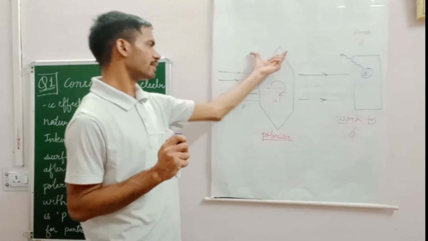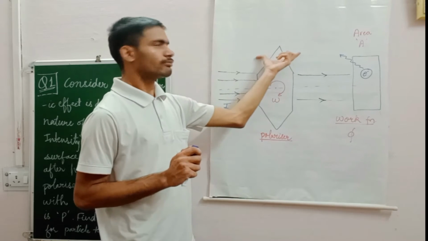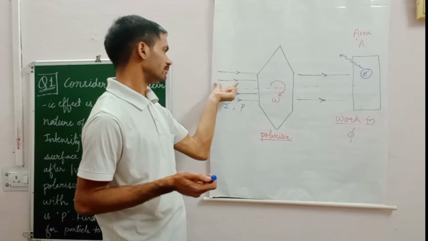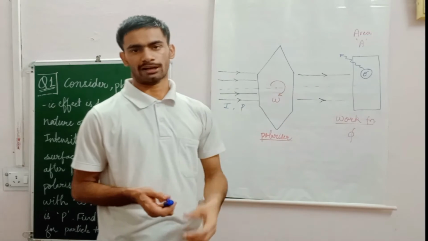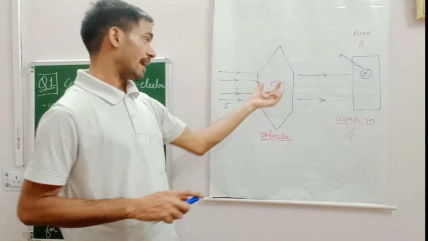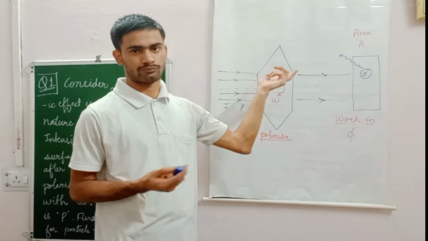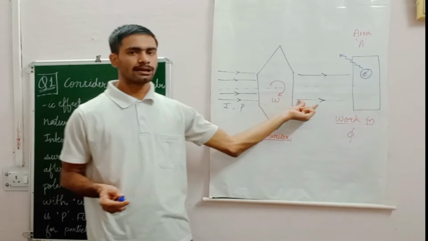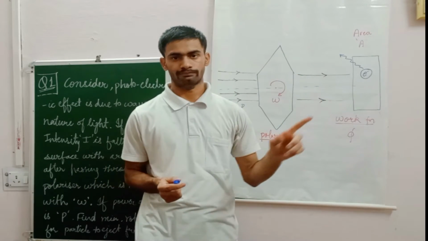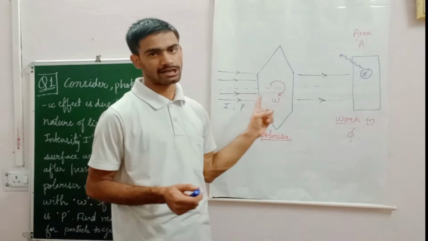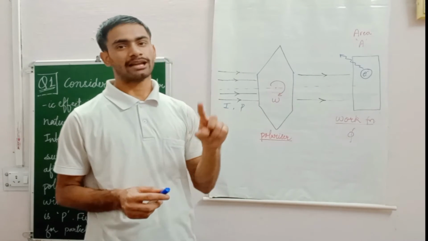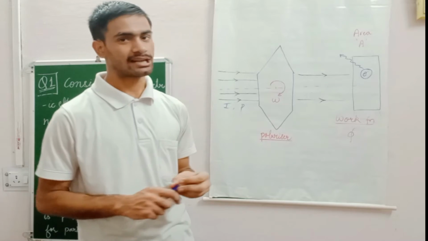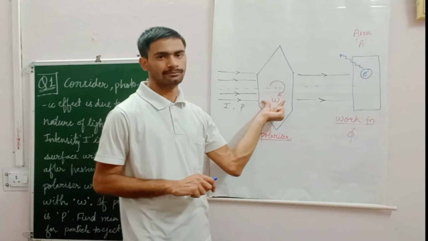As we are considering the wave nature of light, one twist is given, that is a polarizer is placed in between the path of light and the metal. So light would get polarized, wave nature. So its intensity won't be I for this metal every time, rather it would be changing, and one more twist is given, that is it keeps on rotating in its plane with a constant angular velocity of omega.